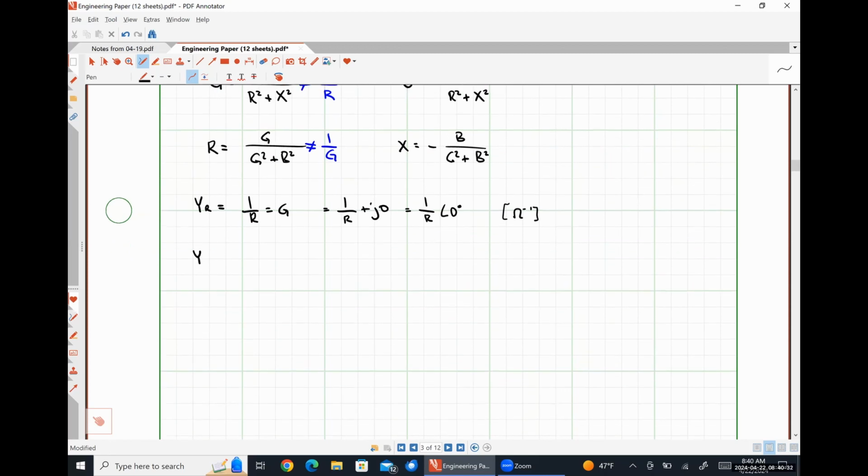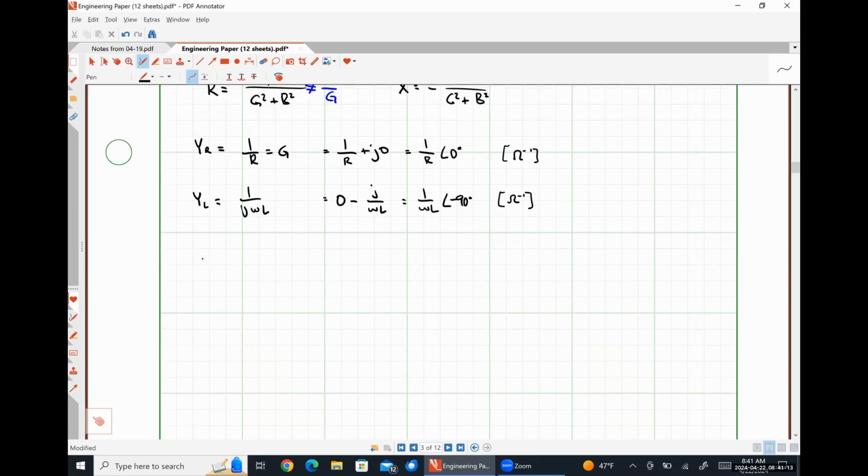The admittance of an inductor is 1 over J omega L. So that would be 0 minus J over omega L, or 1 over omega L angle negative 90 degrees, once again measured in per ohms.